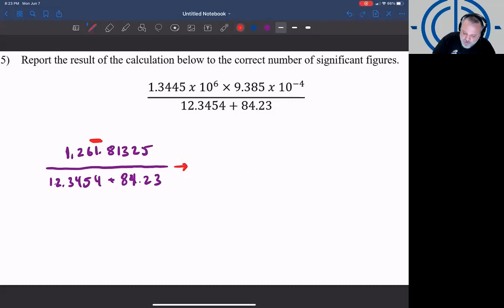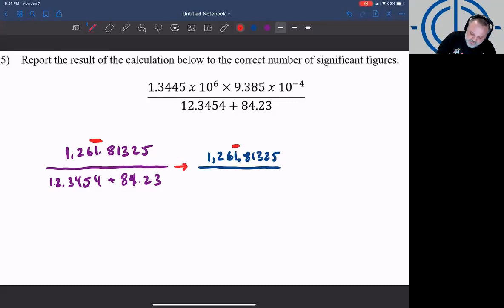Okay, if I continue on in the order of operations, I'm going to rewrite the numerator, 1,261.81325, and I'm going to notate this significant digit. And now I want to do the addition in the denominator. I'm going to get out my calculator: 12.3454 plus 84.23.